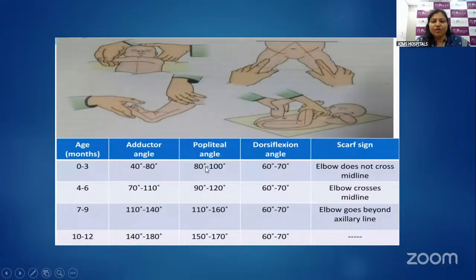Popliteal angle should be around 80 to 100 degrees. Dorsiflexors angle should be around 60 to 70 degrees. Scarf sign, the elbow does not cross the midline. All those things, according to the age, they have given very nicely, and then you can have your small screening assessment about the muscle tone and the neurological signs.